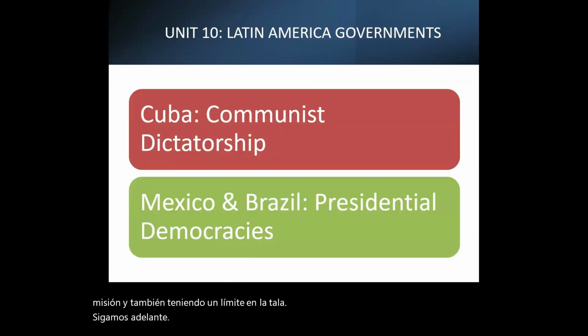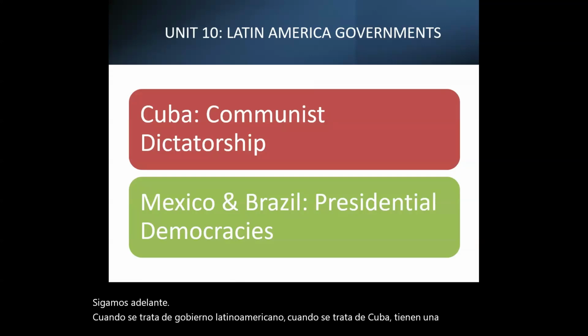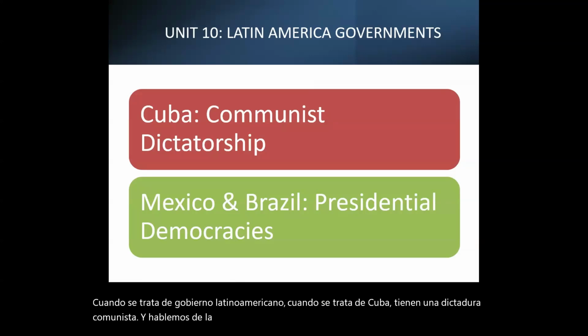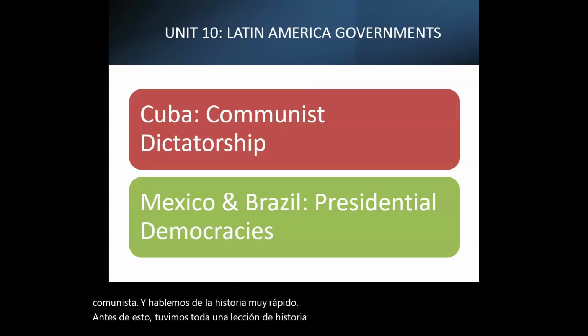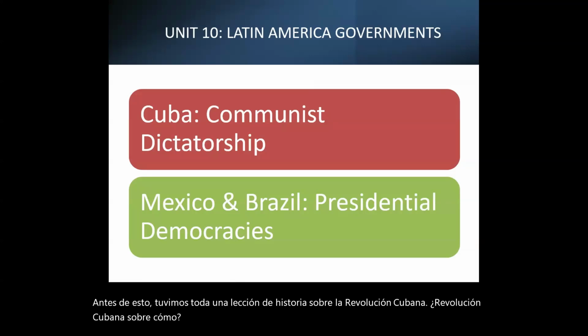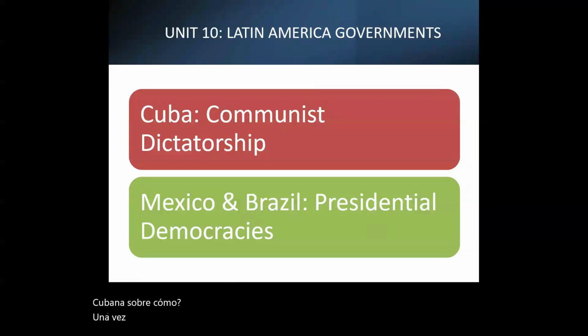When it comes to Latin American government, Cuba has a communist dictatorship. And let's talk about history real quick. Before this, we had a whole history lesson about the Cuban Revolution, about how Batista, once a dictator of Cuba, was overthrown by Fidel Castro, another dictator.